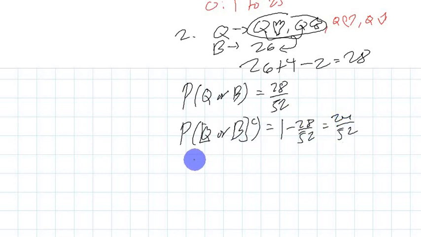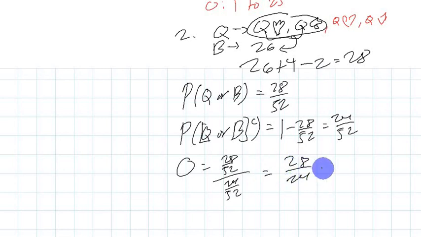Therefore, the odds would be 28 over 52 over 24 over 52, which gives us 28 over 24, or in lowest terms, 7 over 6. So the odds of getting a black card or a queen are 7 to 6. That's pretty big. So here are examples of odds in favor of an event.